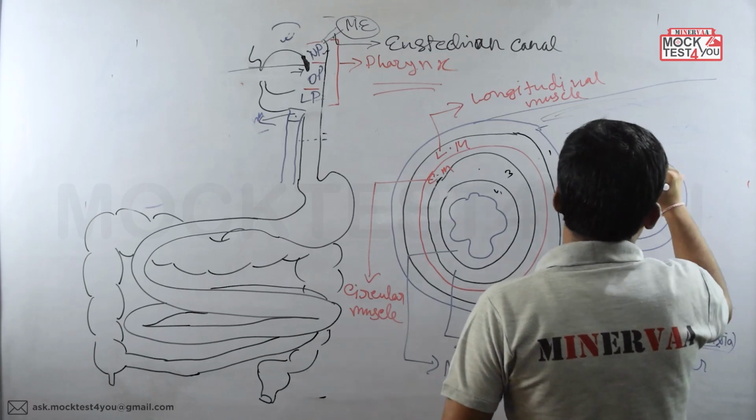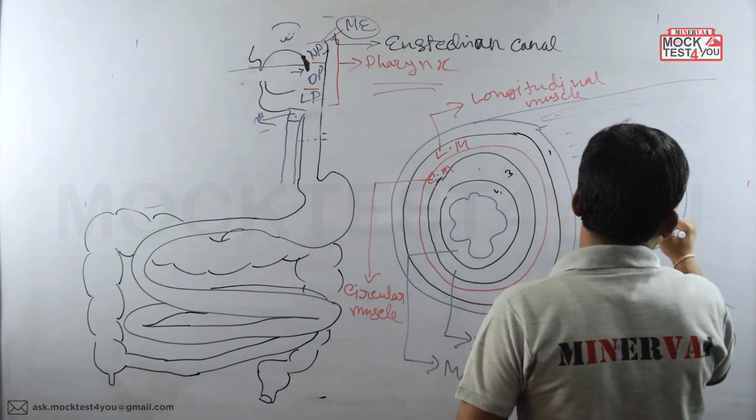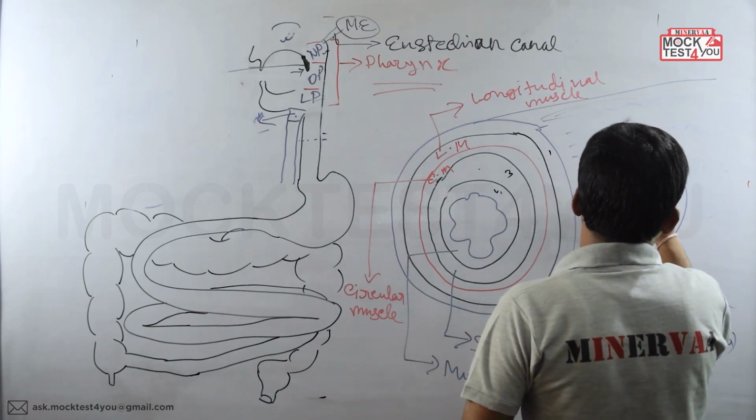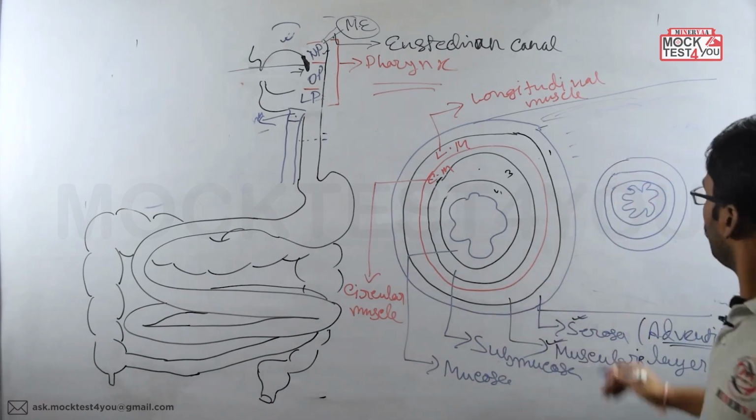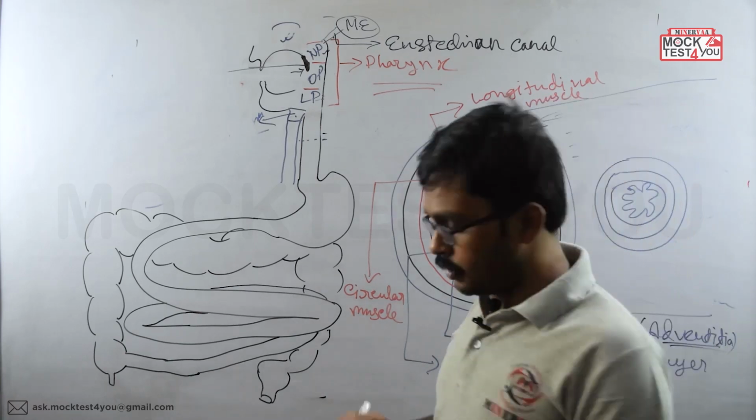So this is the number one layer, then this is the second layer, and this is the innermost third layer. These are the three different layers, clear?